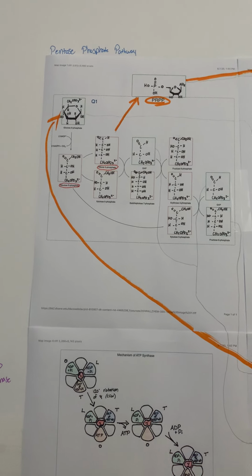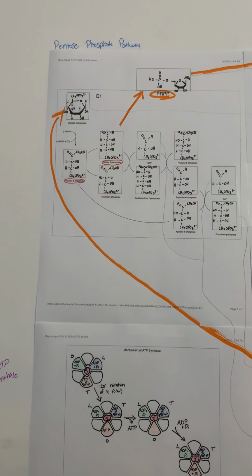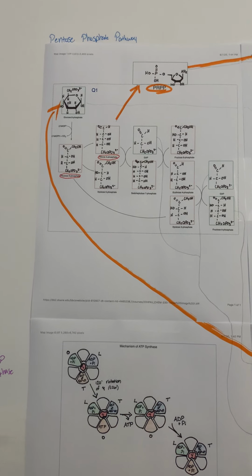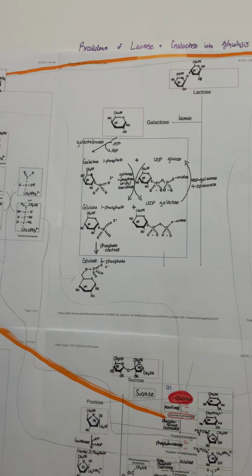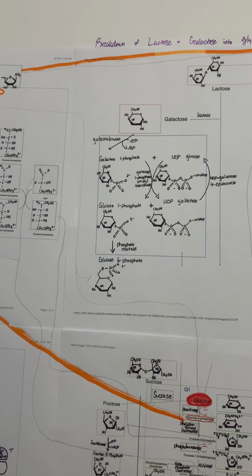The first corner shows the pentose phosphate pathway, responsible for synthesis of pentoses and release of the reducing power needed for anabolic reactions. Next is the breakdown of lactose and galactose for use by glycolysis.